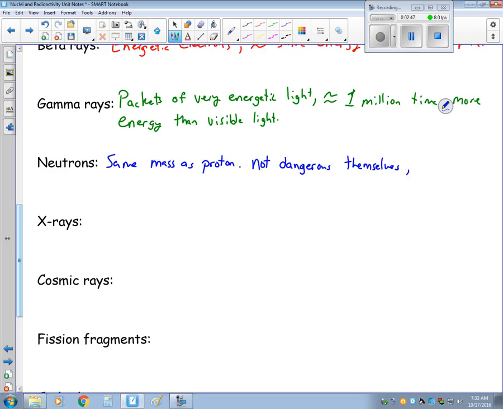However, they are needed to start nuclear reactions. So neutrons can have secondary effects.